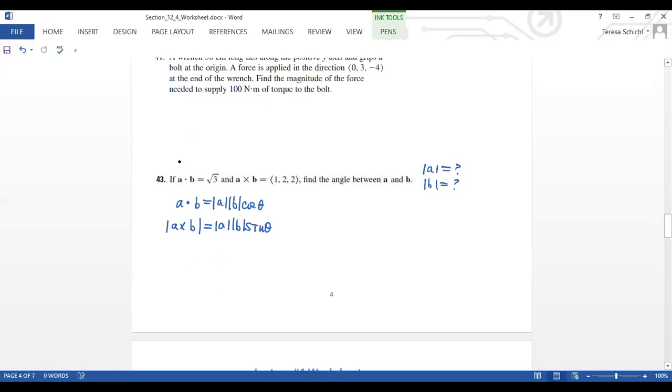Okay, so now if I divide one by the other, the A and A cancel, the B and B cancel.